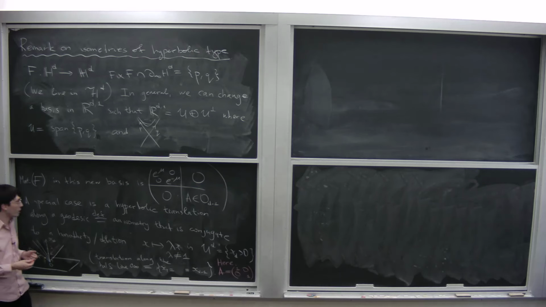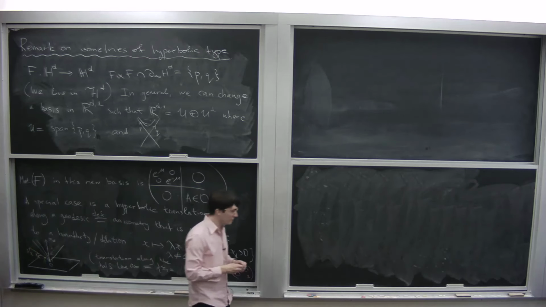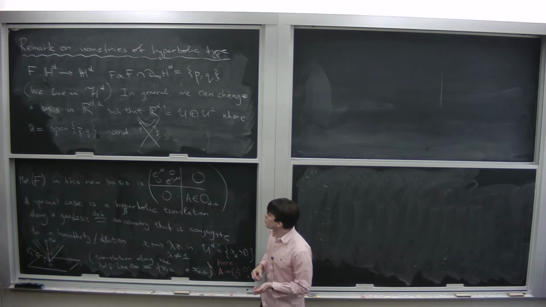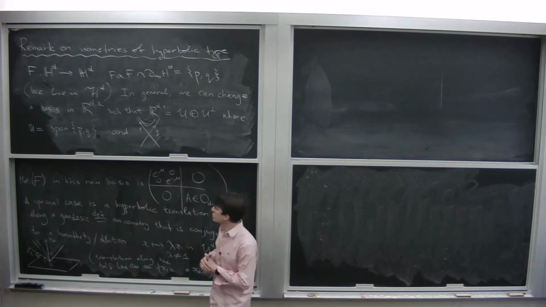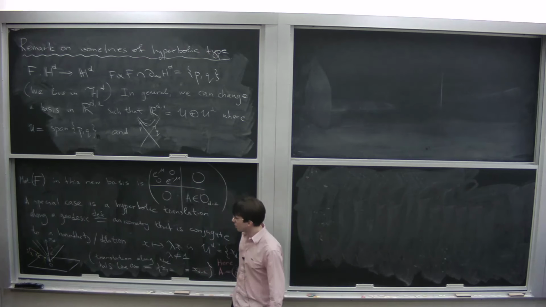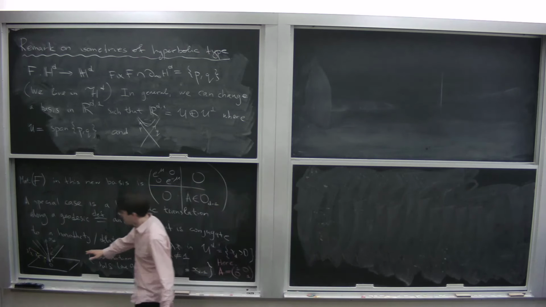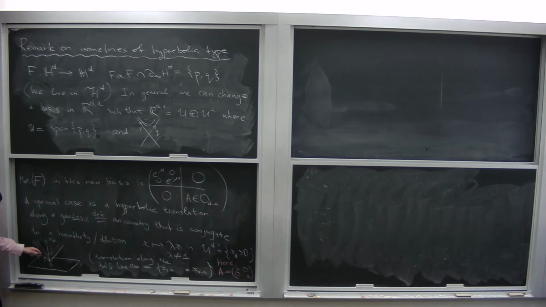In fact, for parabolic translations, pure parabolic isometries, we have something similar. In the upper half space model, a parabolic translation is just a translation in the horizontal plane. So this parabolic translation preserves infinity.